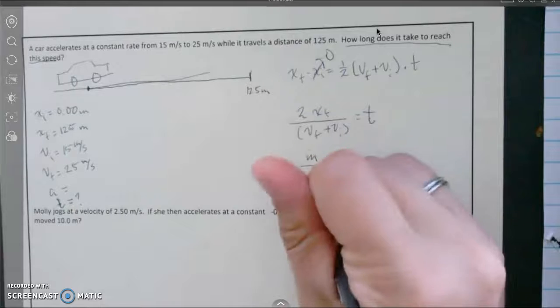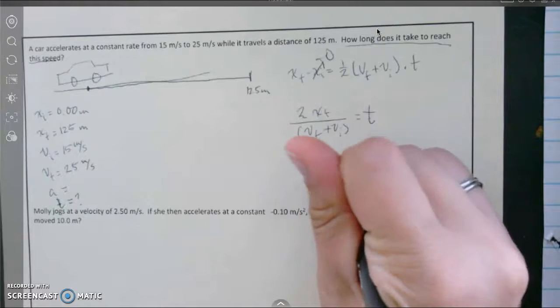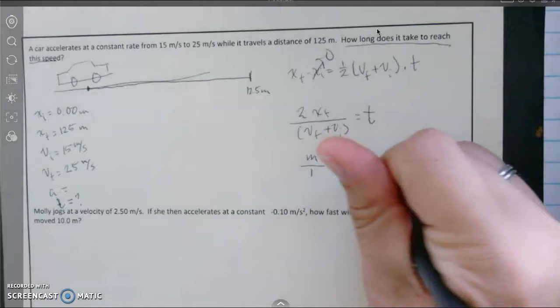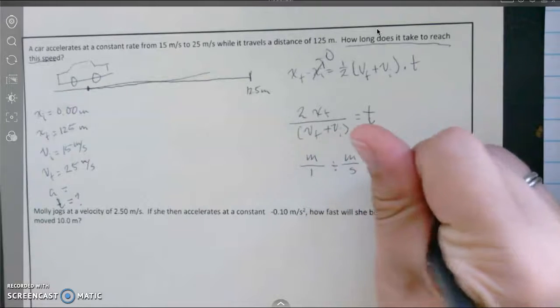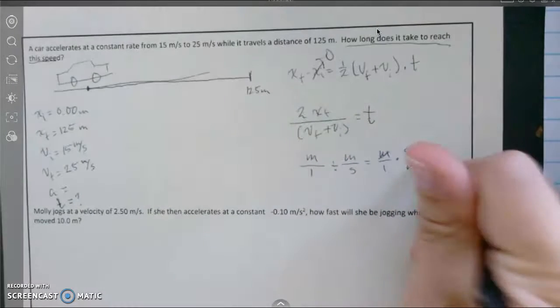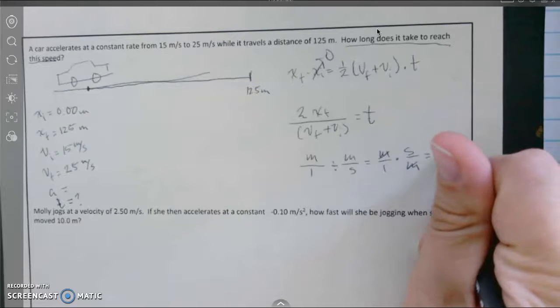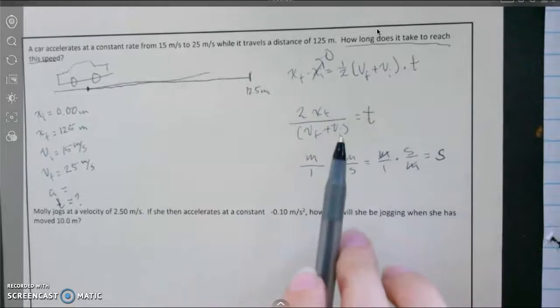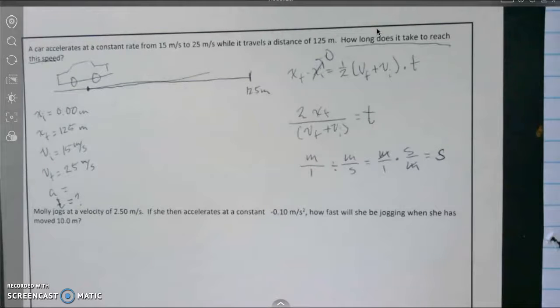So it's just divided by meters per second. We'll put that over 1. When we divide by a fraction, it's the same as multiplying by the reciprocal. So our meters cancel, and we are in fact left with units of time. So that means our arrangement here is very likely correct.